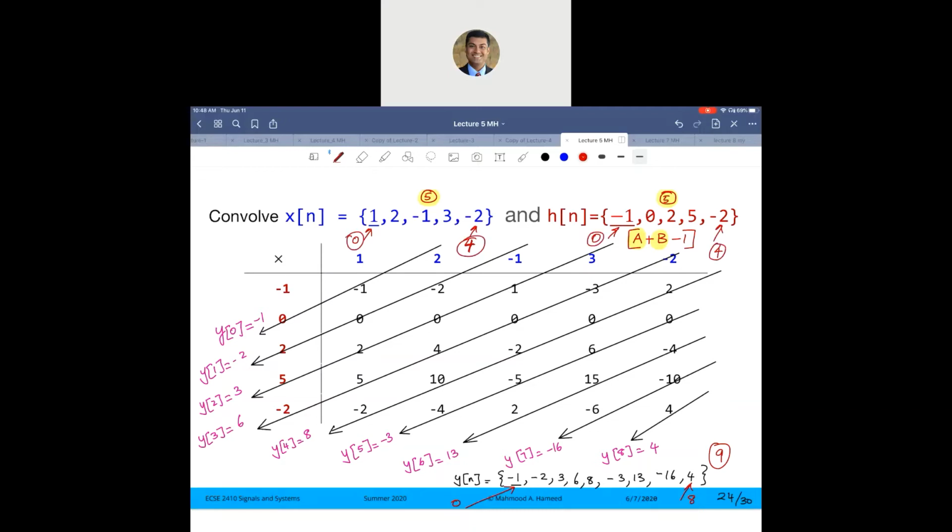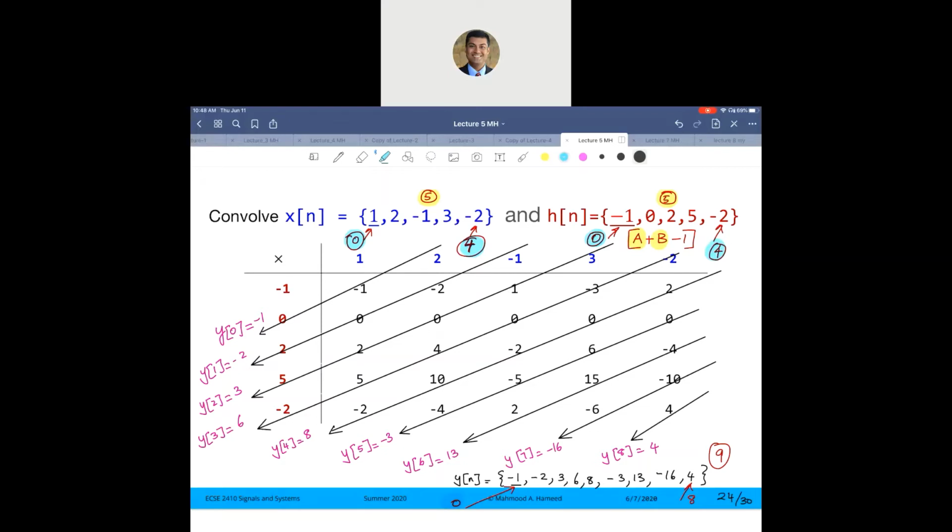So the lower limit on the output is the sum of the lower limits on x and h, and the upper limit is the sum of the upper limits for x and h.